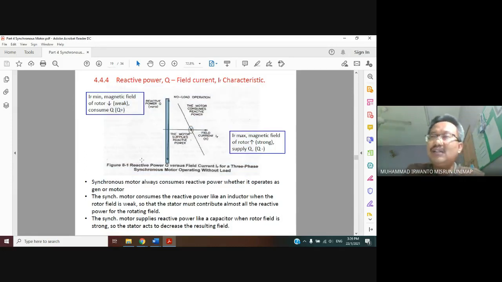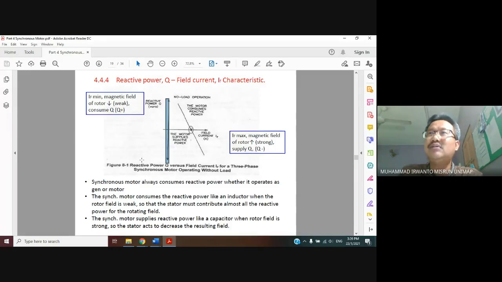Why discuss this? Because the motor is constructed with winding in the rotor and winding in the stator, and it is supplied by electricity on the stator winding.